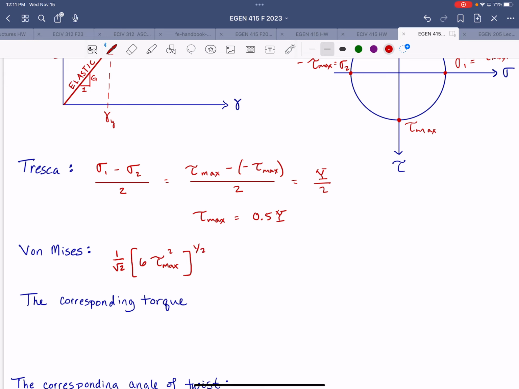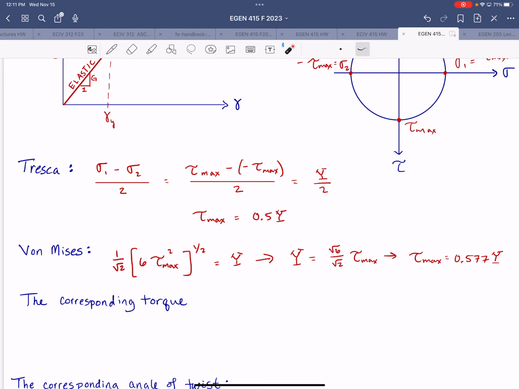Then the square root of that, set equal to our limiting value. So then we would obtain that yield stress is equal to square root of 6 over square root of 2 times tau max, or tau max is equal to 0.577 times the yield stress.